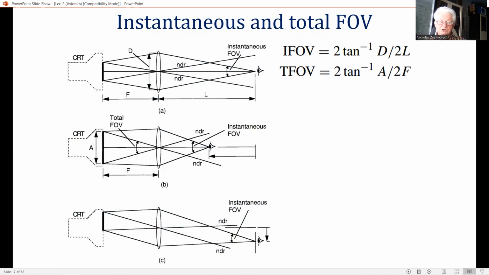TFOV is determined by the diameter of the display A and the effective focal length of the collimating lens F. Reducing the value of L increases the IFOV, as can be seen in figure B, which shows the observer's normal eye position sufficiently close to the collimating lens for the IFOV to equal the TFOV.